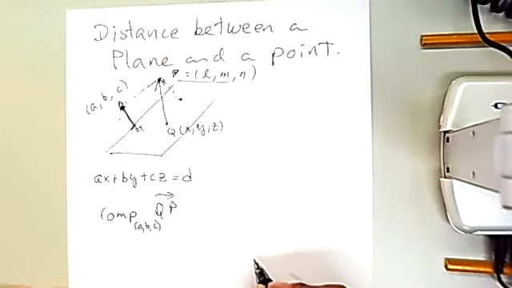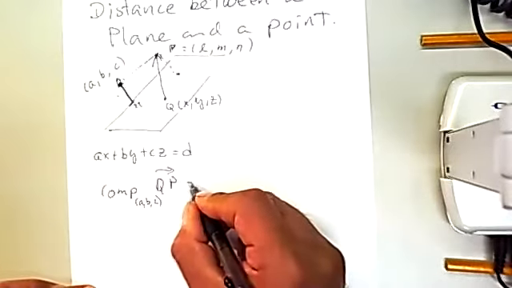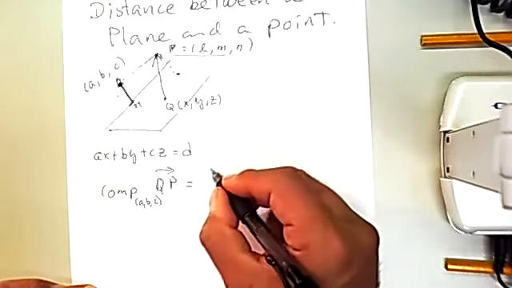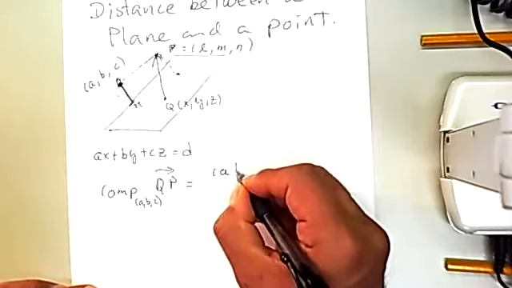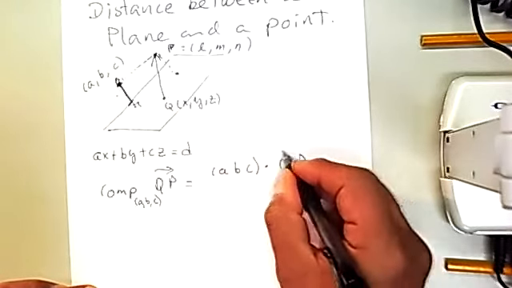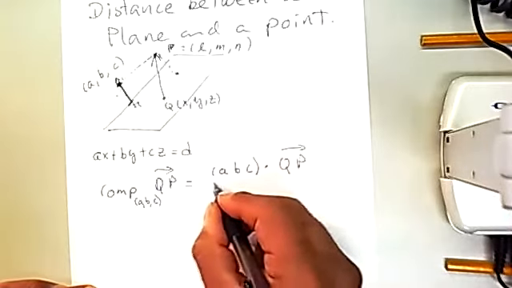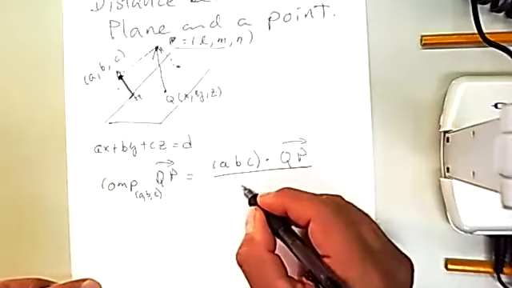That's what we want to find. And from the dot product section, we learned that this is the dot product ABC dotted with QP, divided by the magnitude of ABC.